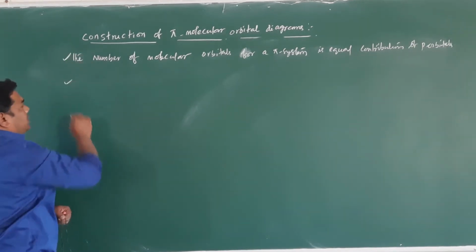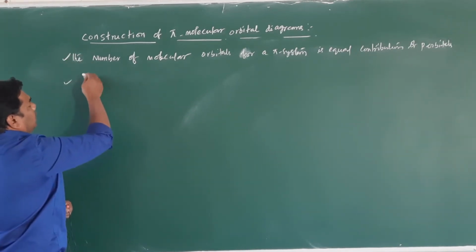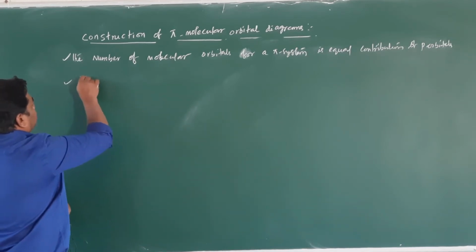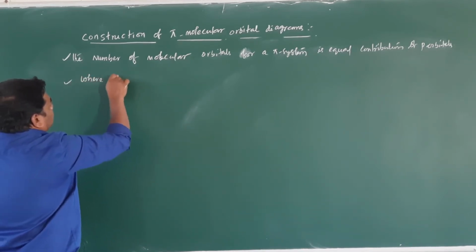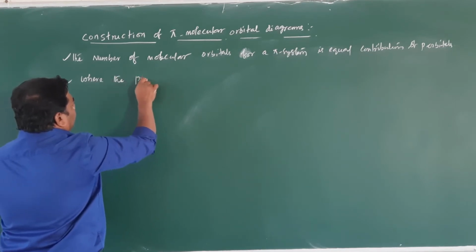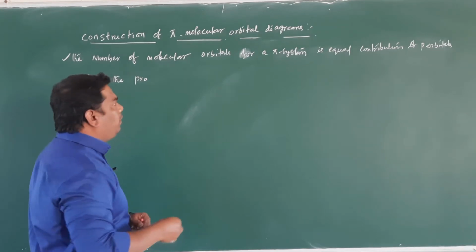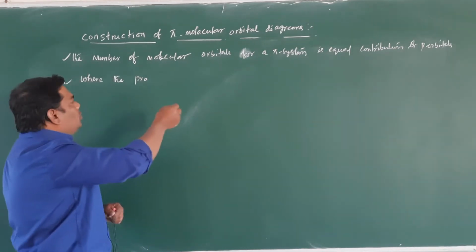The second point: how to define a nodal plane. A nodal plane means, students, where we get anti-bonding interactions, so there is no bonding interaction between two lobes. So, we can represent it as a node.